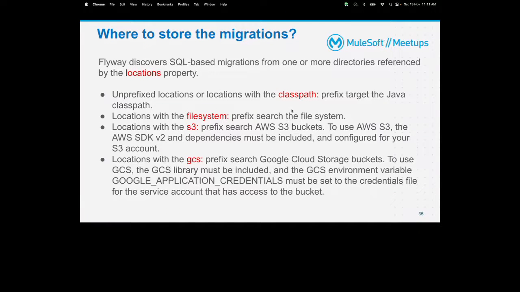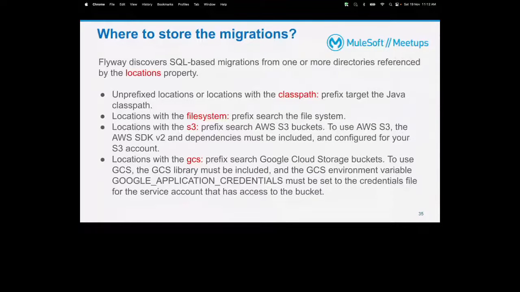In the class path, you can use src main resources. There you can specify, and you can specify another folder also, and then you have to use the file system. You can also locate this file in an S3 bucket, but for reading that you need AWS SDK v2 added in the dependencies.